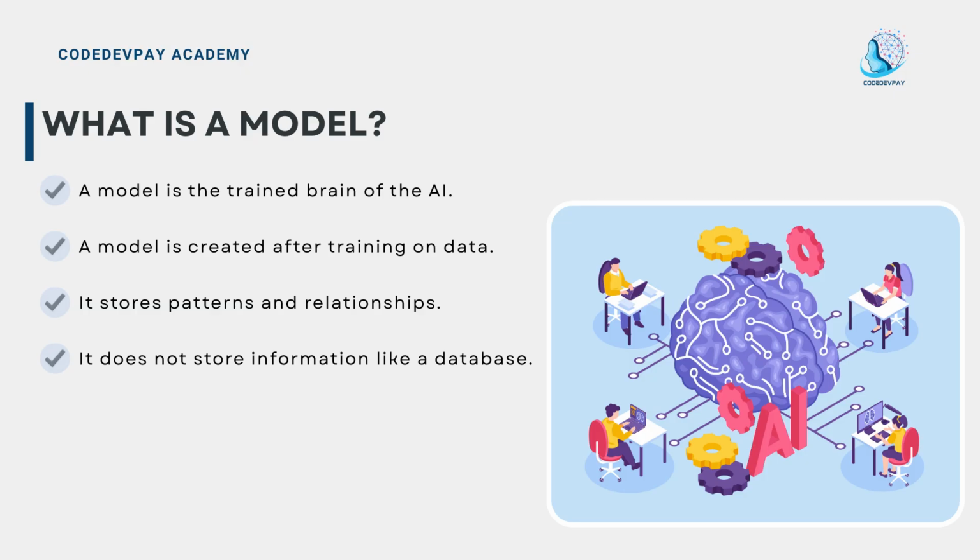Maybe the night before an exam, you have a large volume of material that you need to go through. You quickly skim through it, and during the exam, when the question drops, you try to remember the pattern so that you can produce an answer. So that's how the model works.